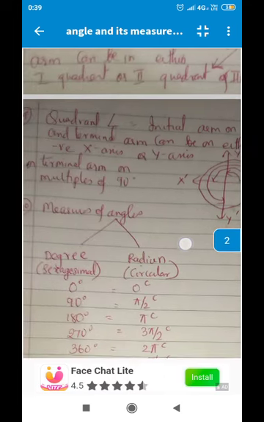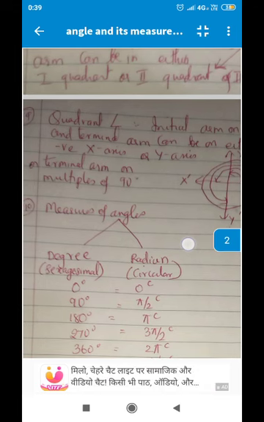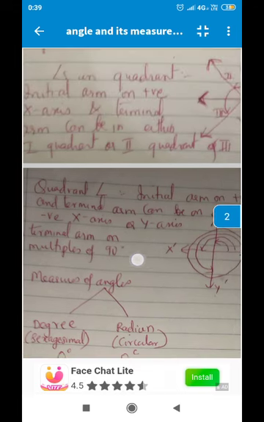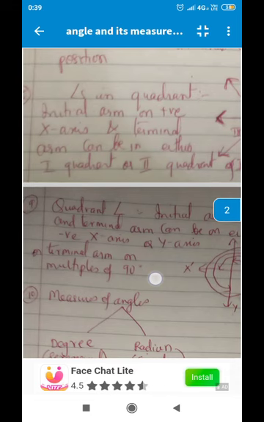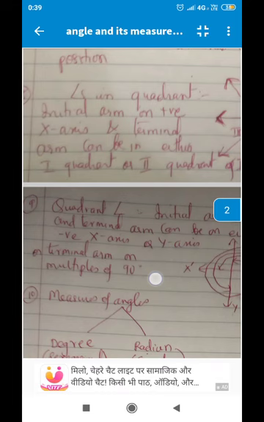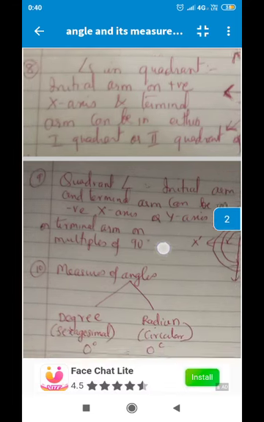All these four positions are called quadrant angles. Only four positions are there for quadrant angle, but for angles in quadrant, there is no fixed position. It can be anywhere between the first to the fourth quadrant.